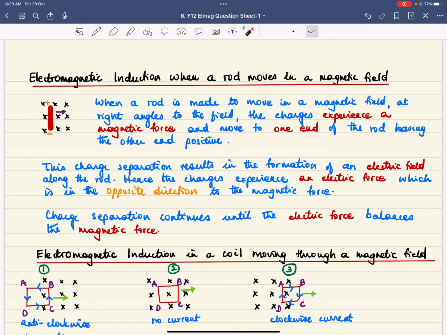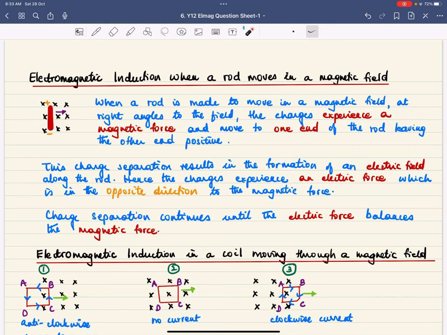This charge separation results in the formation of an electric field along the rod, and hence the charges will experience an electric force, which is in the opposite direction to the magnetic force, because once you separate charges, the electrons will want to move towards the positive, as opposite charges attract.